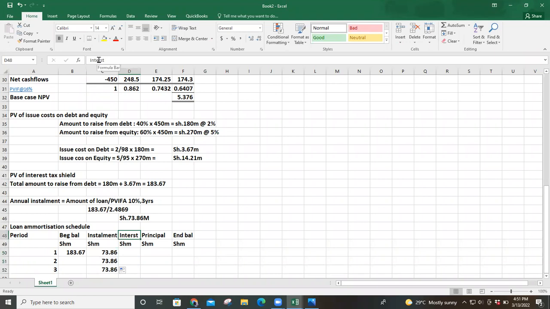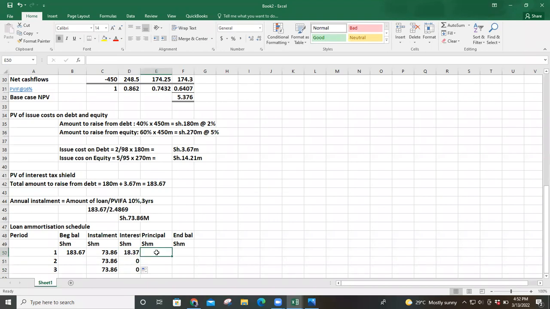Interest: the interest rate was 10%, so this equals 10% of the beginning balance.